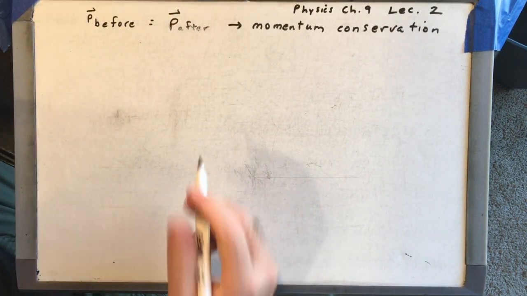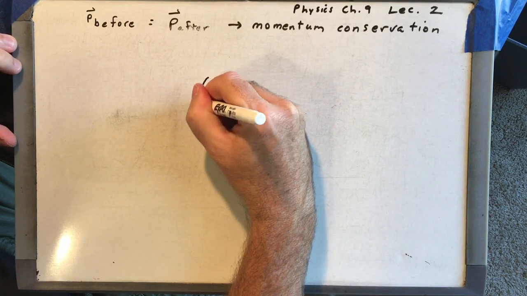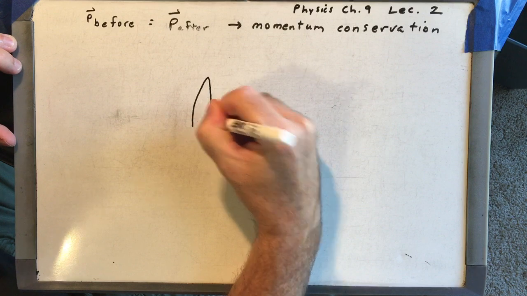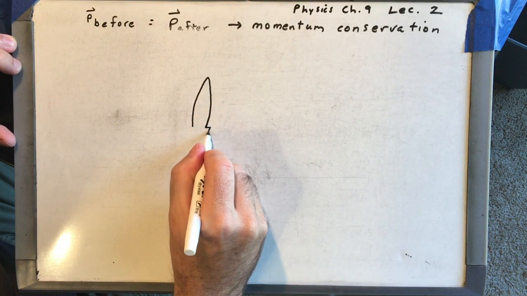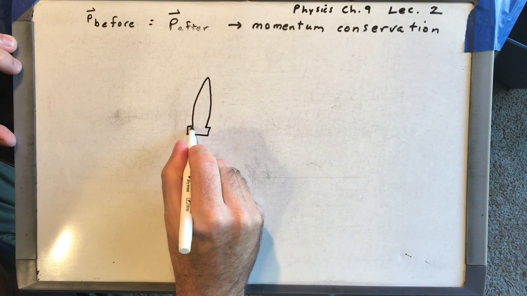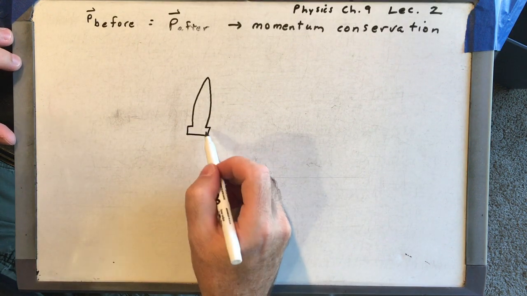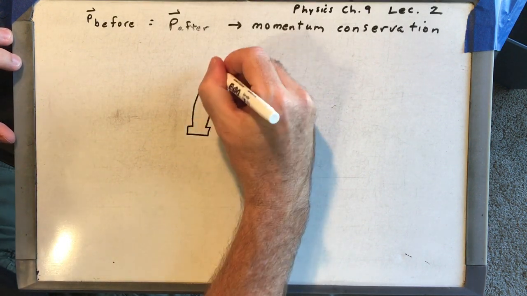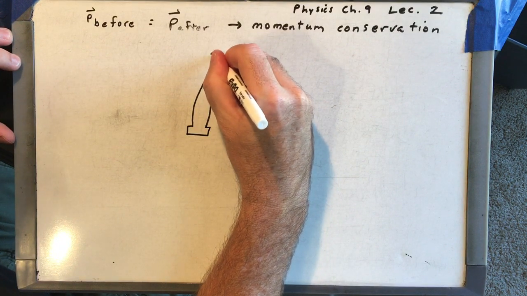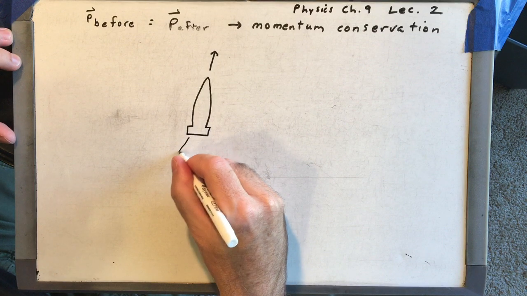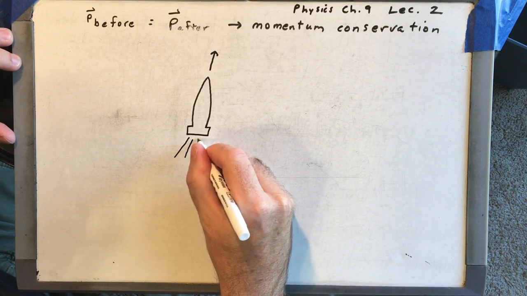Okay, let me draw some kind of rocket here. So you want to launch a rocket. Let's say it's going up towards space. It's recoiling against its own exhaust.